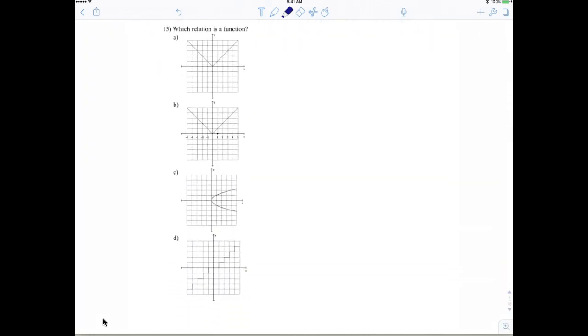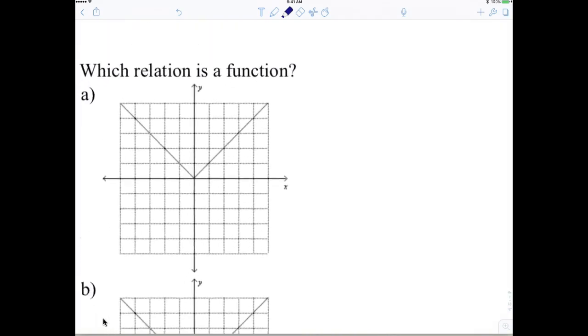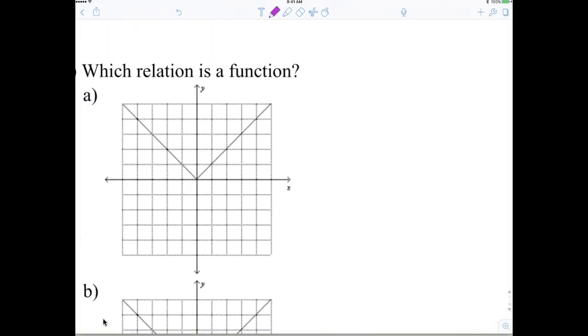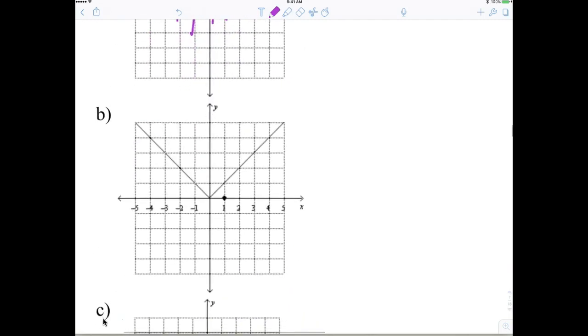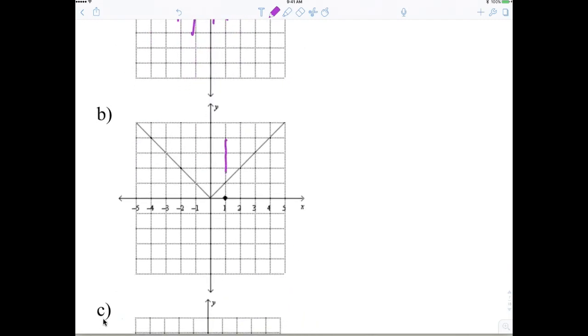Now, which relation is a function? Remember, for a relation to be a function, it's got to pass the vertical line test. So every time you draw a vertical line, it can only touch the graph at one spot. So that looks like the answer to me right there. But I don't do that. I go to each one. What's the problem with B?